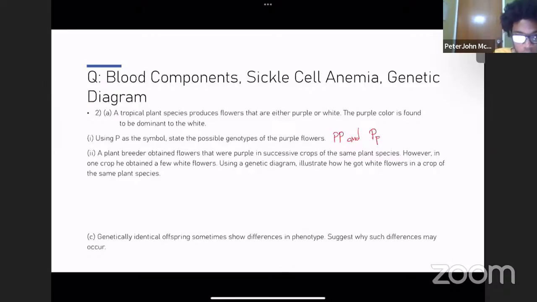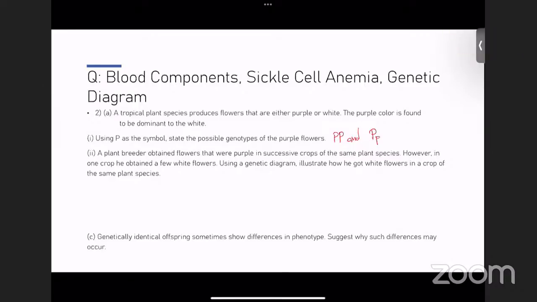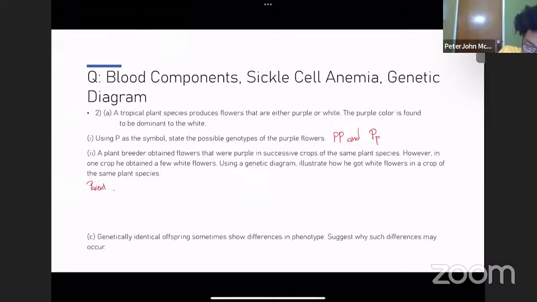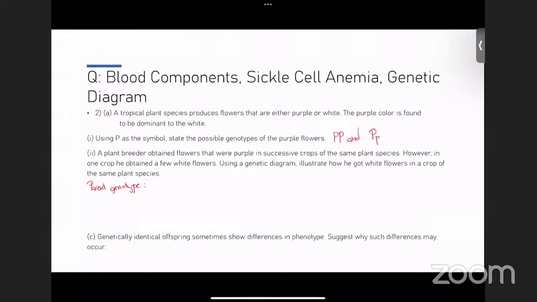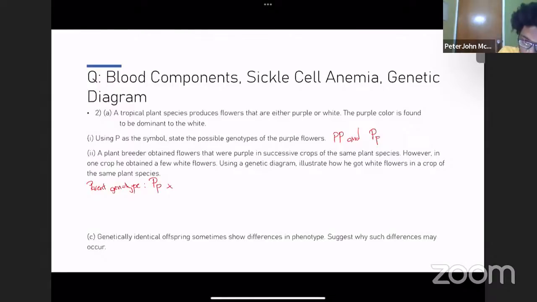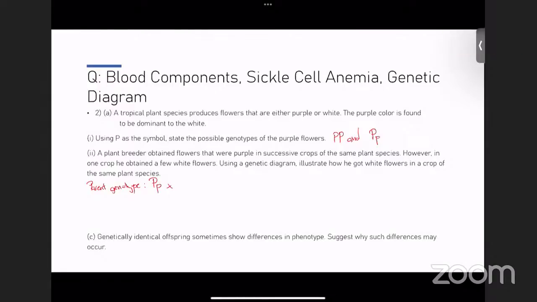So how are we gonna do that? What do we start with? The genotype. So what are we gonna cross? You could cross two heterozygotes. What's the mother? It could be heterozygous too.